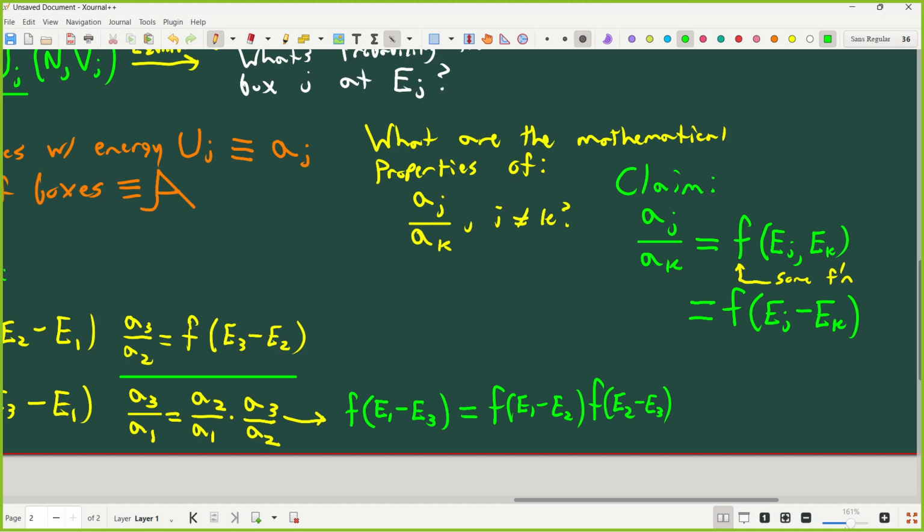Okay, so what this means is that I need a function that when I go between 2 different steps, there's an E2 in the middle, that the function is the same function of the intermediate steps. So if we're going E1 to E3, I got to go E1, E2, E3. So this function satisfies the property that the function for this energy difference is the product of the intermediate energy differences.